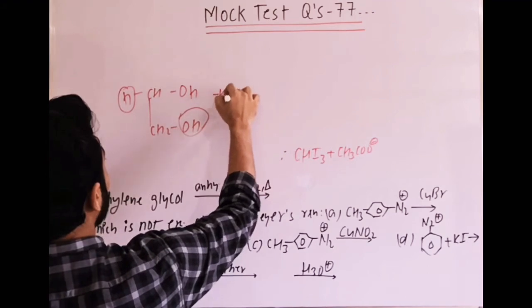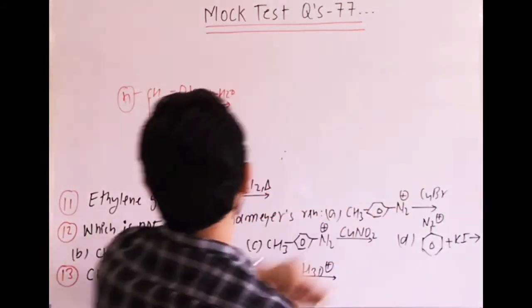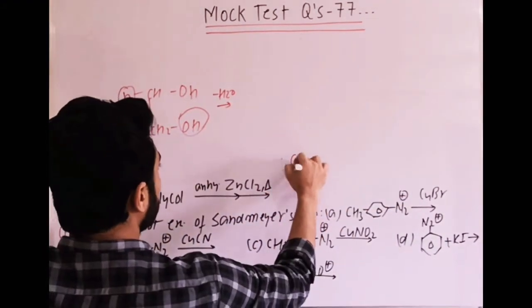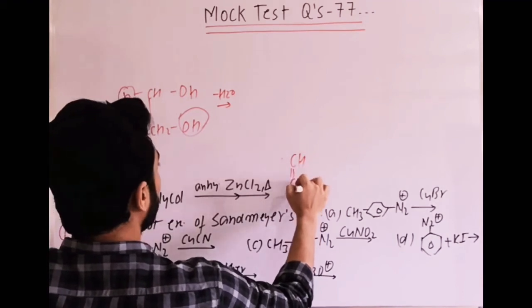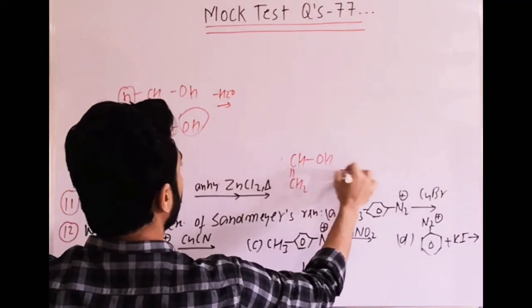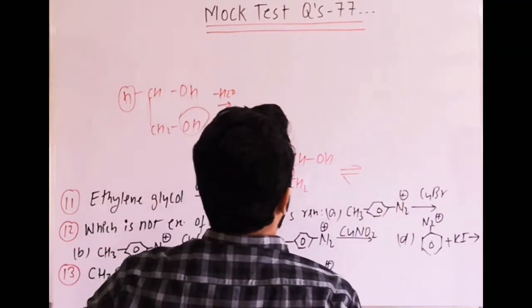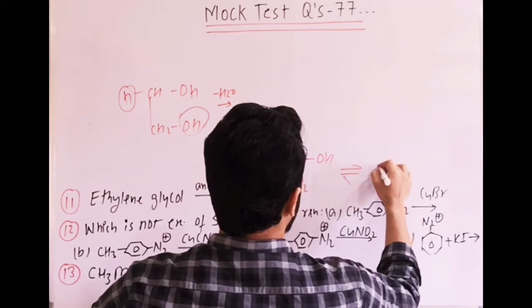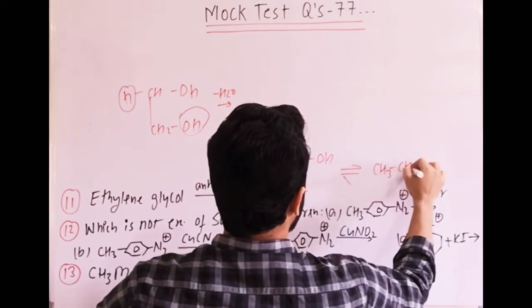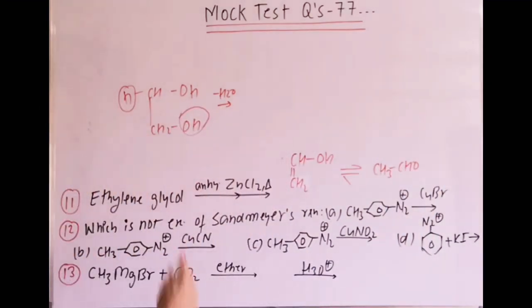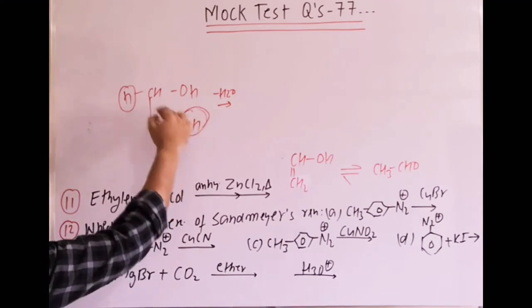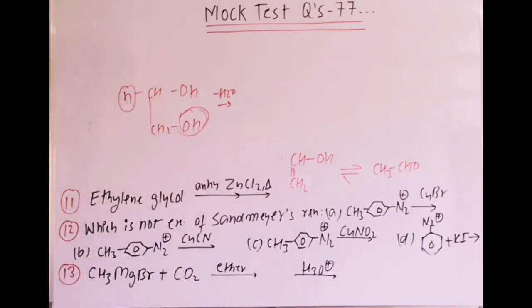By removal of H2O, it forms an enol, that is CH double bond CH2OH, and the enol is not stable, it quickly goes to the carbonyl group, which is CH3CHO. Tautomerism takes place. So that is the way: from one carbon OH, from the adjacent carbon hydrogen will be taken, so that you can consider water elimination.